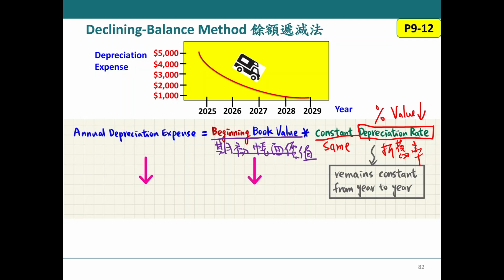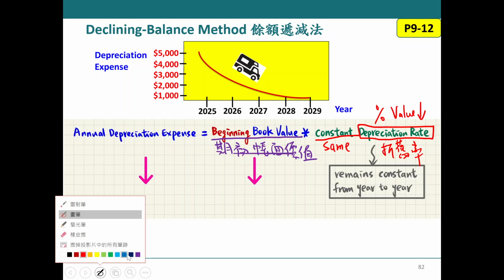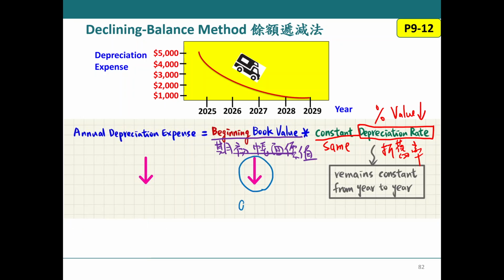So beginning book value is decreased every year, right? Each year, your book value will be decreased. So we use this times the same percentage. You will get the target, the result you want. What's that? Your depreciation expense decreases each year, okay? Use these amounts, our amounts decrease, times the same percentage.